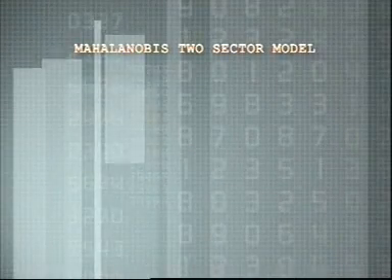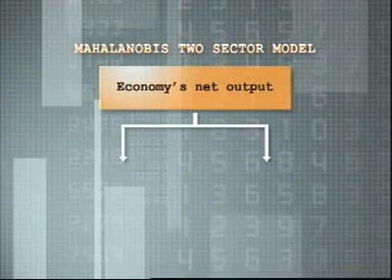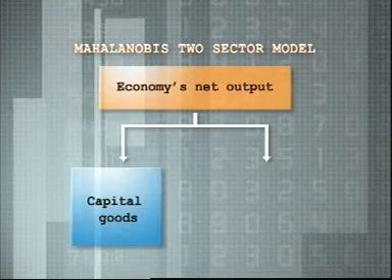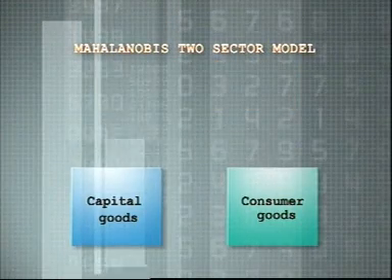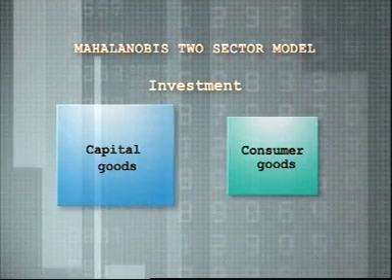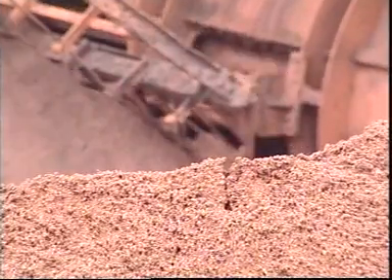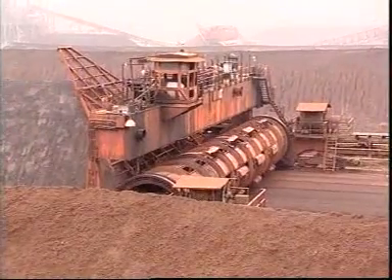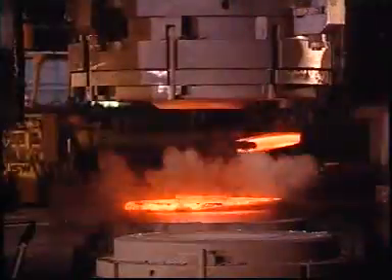In the simpler two-sector model, the entire net output of the economy was assumed to arise from two sectors, one producing all investment or capital goods and the other all consumer goods. Based on this, he argued in favor of increasing allocation of investment in the capital goods industries. In the draft plan frame, Mahalanobis had analyzed the statistical data in the framework of these models.